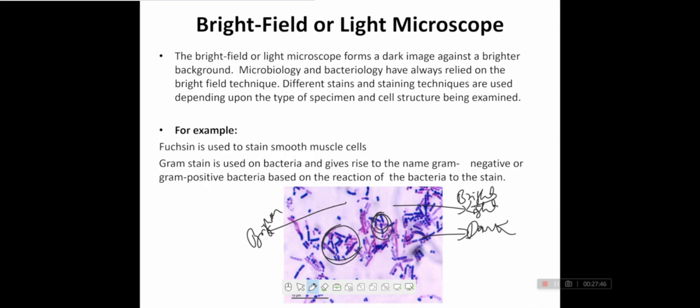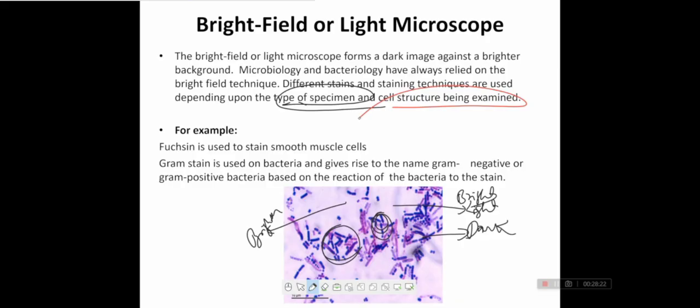Different types of stain and staining techniques are used depending upon the type of specimen and the cell structure being examined. According to that, the staining method is used for the sample. What type of cells are examined in bright field microscopy?